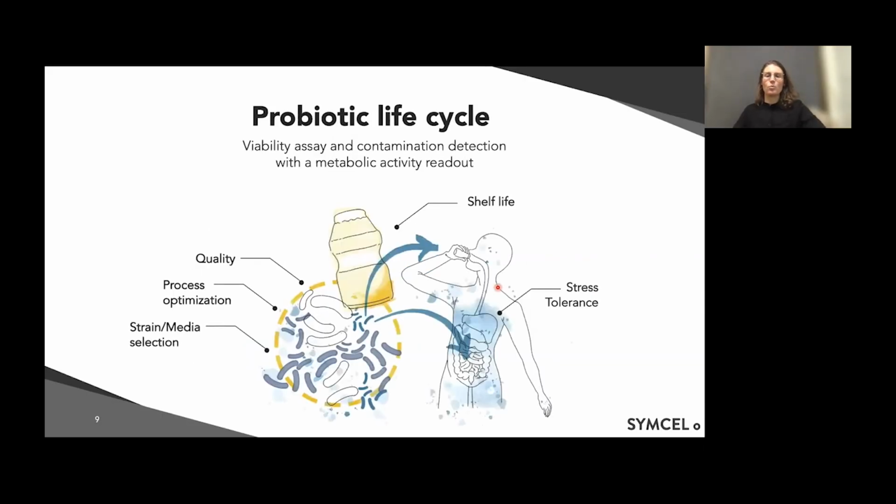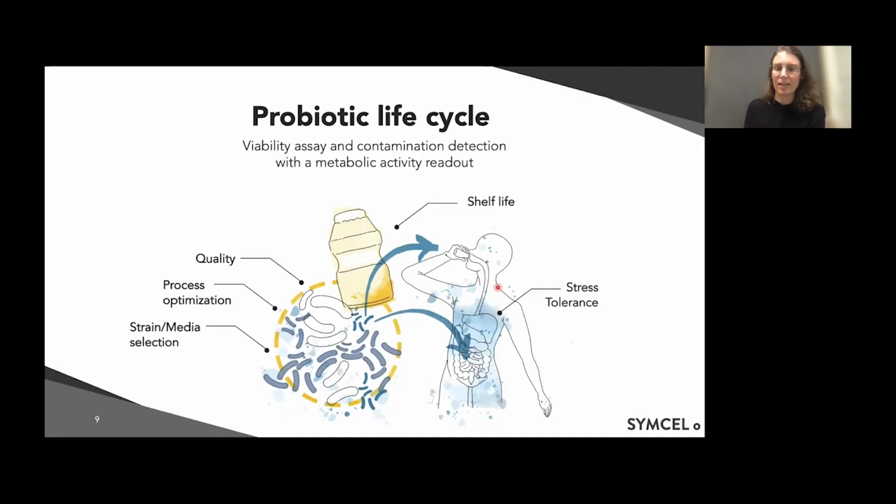And now, why should you then use it for probiotics development and analysis? So the probiotic life cycle consists of many different steps, as you know, and that goes from strain selection to process optimization, quality, but also shelf life and stress tolerance. In all these different steps, you might lose a number of viable cells, or they will shift into an inactive state.